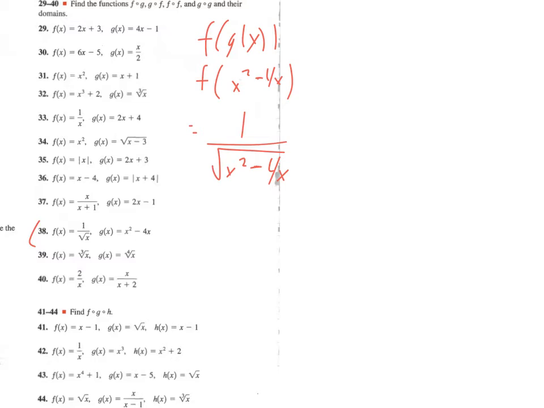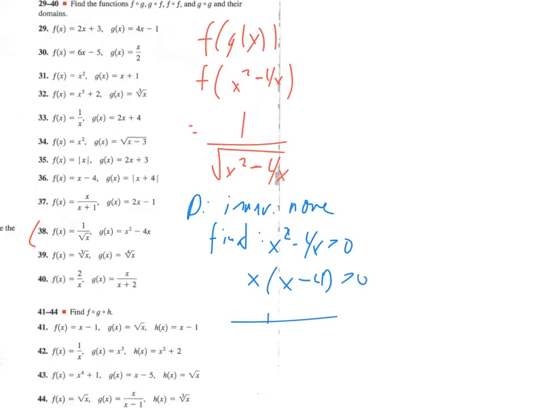Okay, so now I need to look at the domain of the inner function and the final answer on these ones. So for the inner function, I have no domain restrictions. And then for the final answer, though, I have a radical in the denominator. So I would say the inside of that radical must be greater than 0. Normally radicals are greater than or equal to 0, but when it's in the denominator, it cannot equal 0.